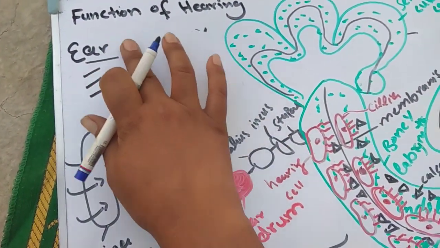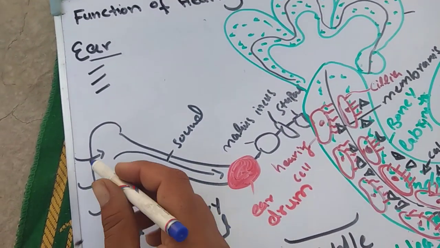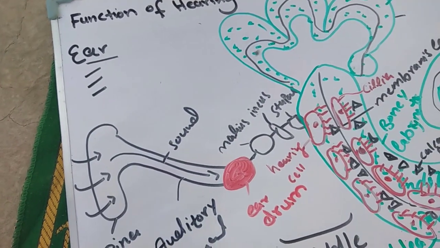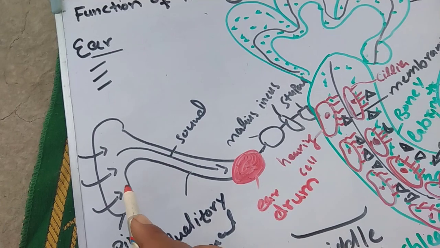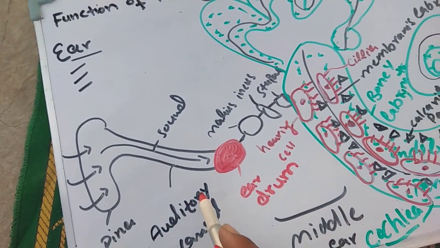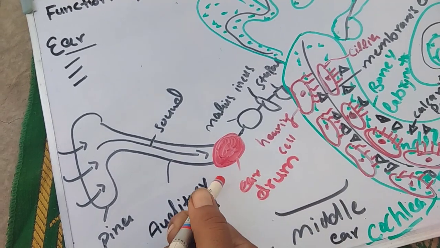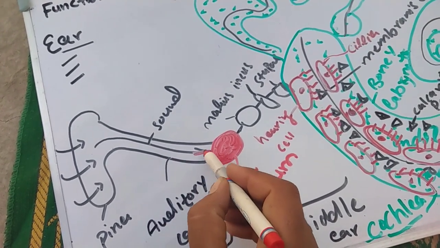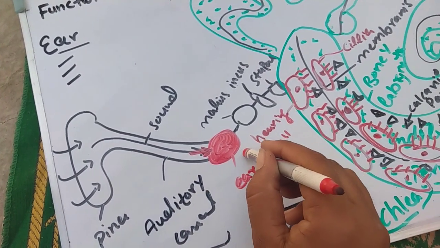Now we discuss the function of hearing. When sound comes from the surrounding, it enters the pinna, and through the pinna enters the auditory canal, and when it reaches the eardrum, the eardrum starts to vibrate.